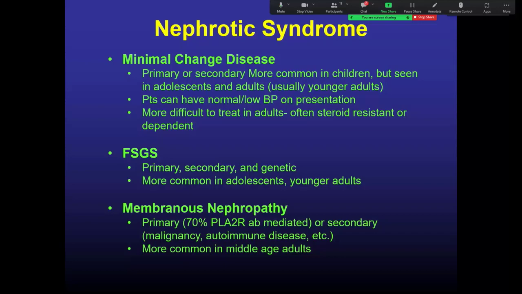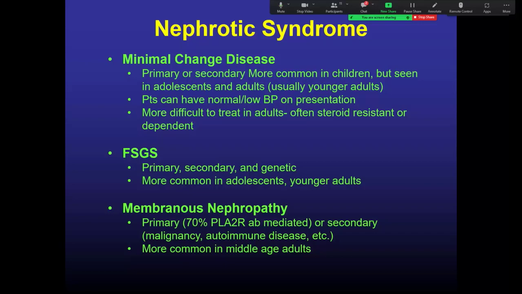So 70% of patients with what was previously called idiopathic membranous nephropathy have antibodies to the PLA2R protein, phospholipase A2 receptor. And if you've been in my clinic, I get these levels all the time in these patients that have PLA2R mediated disease. Or secondary, which malignancy and other autoimmune diseases accompany.